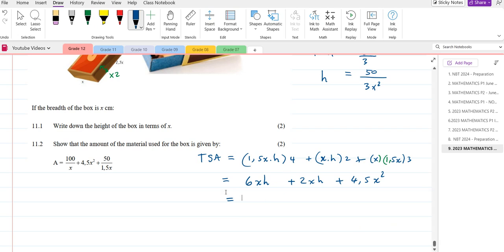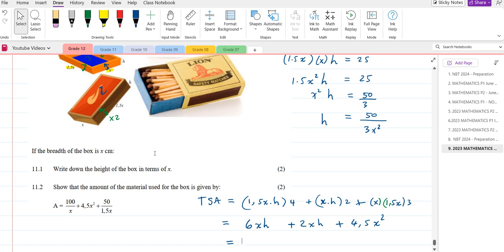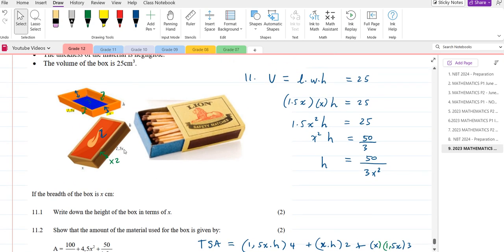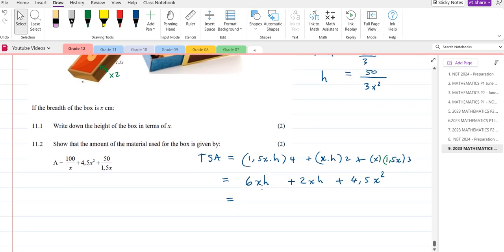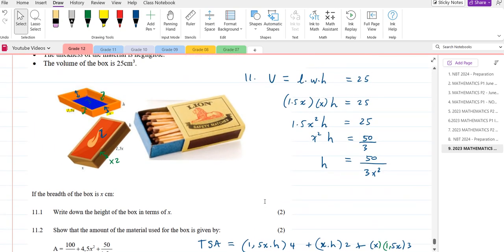I think we made a mistake somewhere. That's 6xh, so 1.5 times x times h. That's 2xh. How are we ending up with three terms here, but over here we only have two terms? 50 over 1.5x.